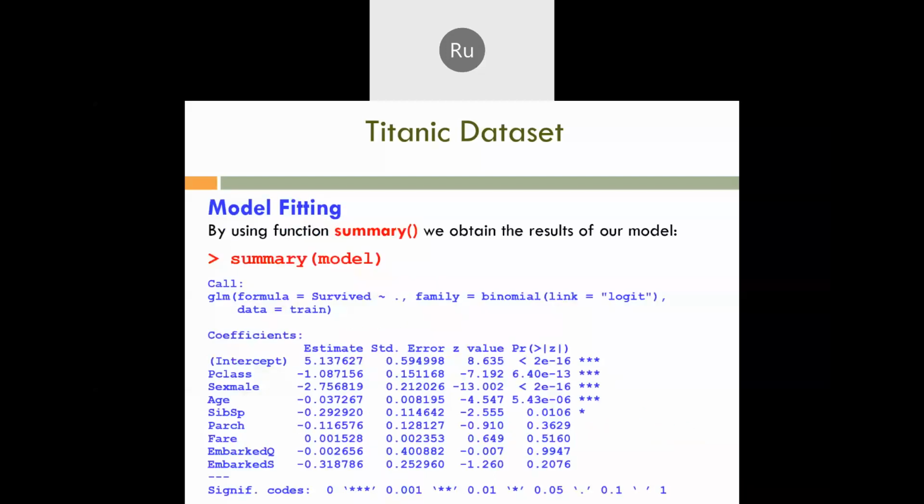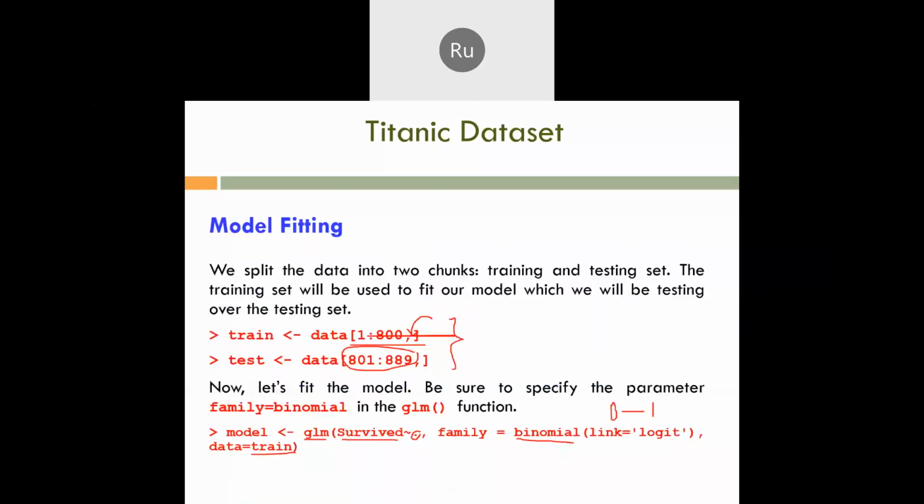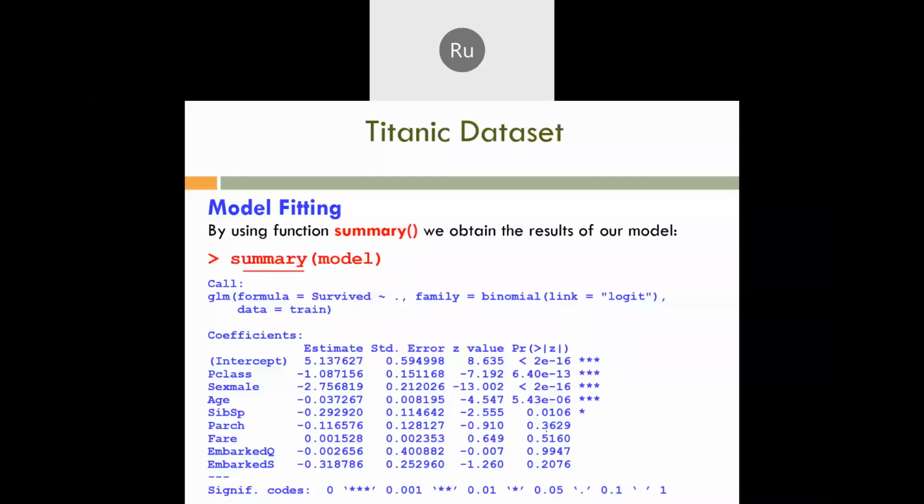Okay, so once we perform the logistic regression analysis for the training data, we could check the summary. The summary will tell you which columns are significant in describing the survive dependent variable.